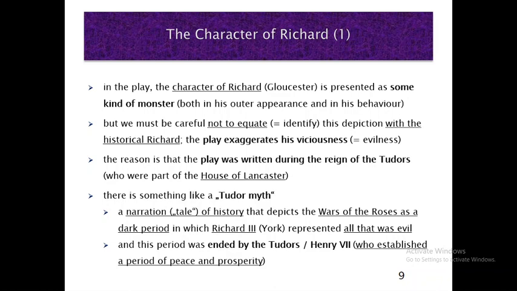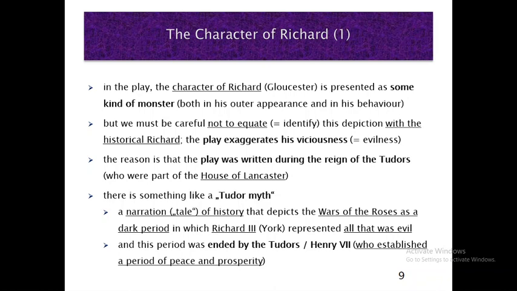And this dark period, this is how the Tudor myth goes, was ended by the Tudors from the House of Lancaster, mainly by Henry VII, who established a period of peace and prosperity. This is all part of the Tudor myth. Let me repeat. The Tudor myth is a tale from the perspective of the House of Lancaster.